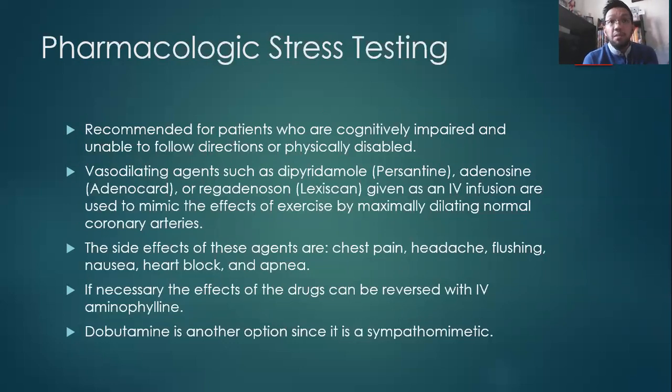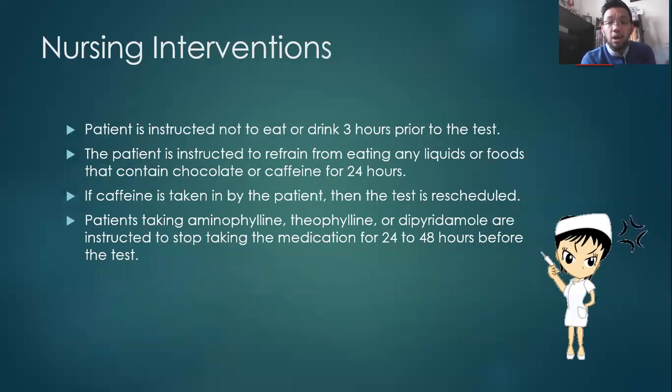When we talk about sympathomimetic drugs, these are drugs that can imitate the sympathetic nervous system stimulation, wherein most of the vital signs are increased. So sometimes this is given, dobutamine. What are our nursing responsibilities here?